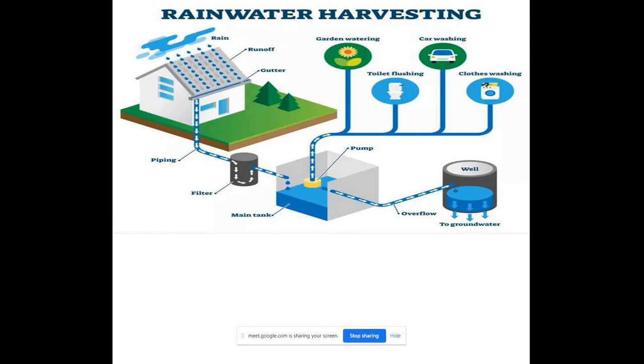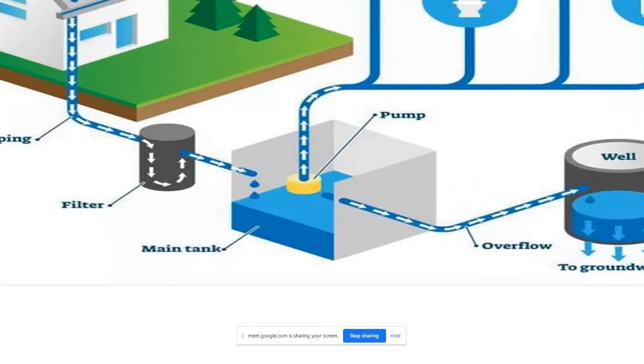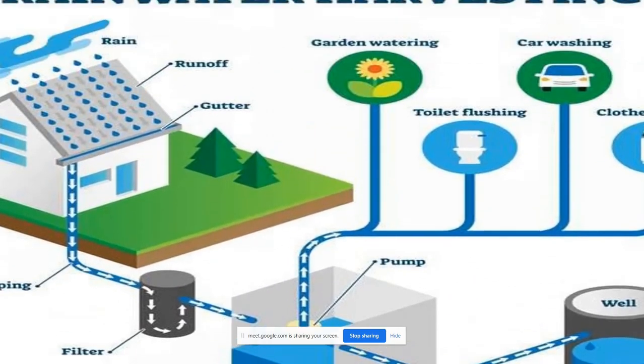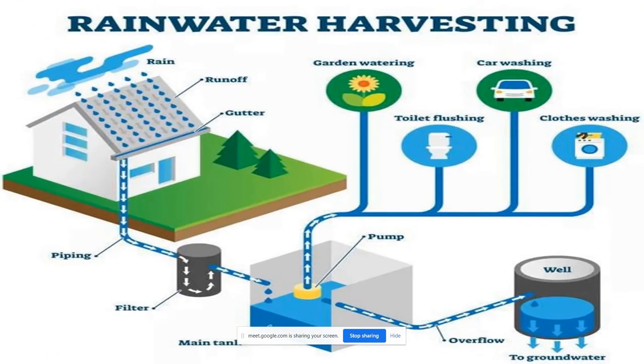This is an image of the rainwater harvesting process. Different methods of rainwater harvesting. Rooftop rainwater harvesting. The rooftop becomes the catchment and the rainwater from the buildings and houses is collected.